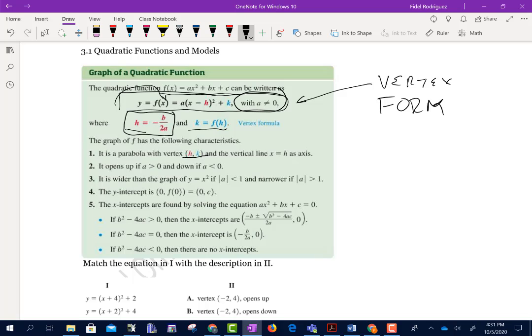So we talked about vertexes with circles, or the center of the circle. The vertex of a parabola, all our parabolas, guys, are going to look something like this. They're either going to open upward or they're going to open downward, okay?